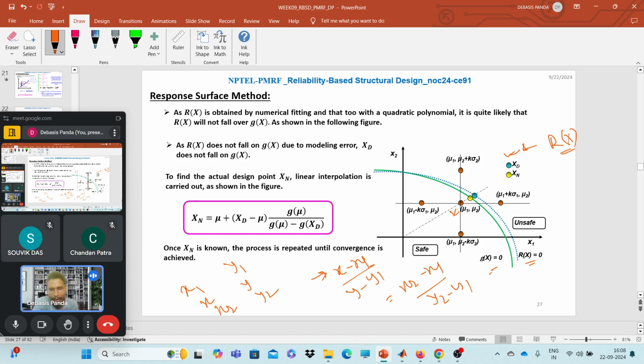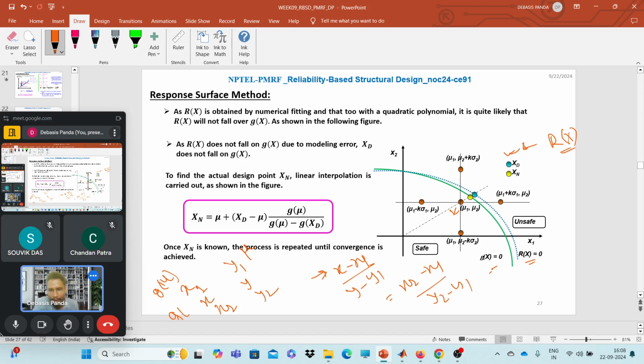So here x1 is nothing but the mean point, that is your g of mu. What is y1? It's g of mu corresponding to mu x. This is g of xn, the new design point. This is xn. This is g of xd and this is xd.